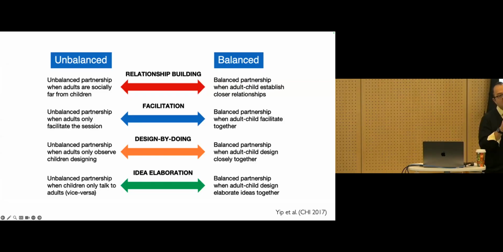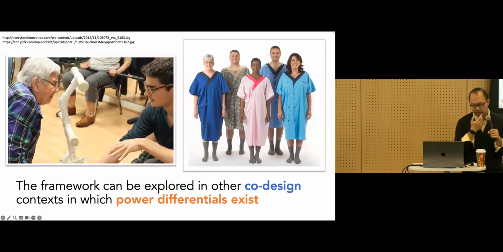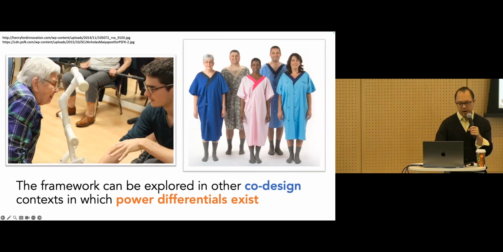You hope for the most part that there's more balance, and a little bit less balance at times, but there are moments like this, right? Children are frustrating. I love children, they're hard to work with. And it's hard because they're just like any other adults. There are a lot of power differentials that exist in co-design. A lot of things happen, and some things go a bit awry. Things are often very tricky with power, right?